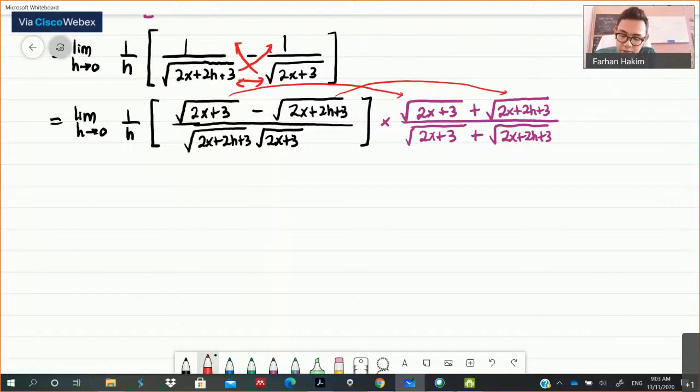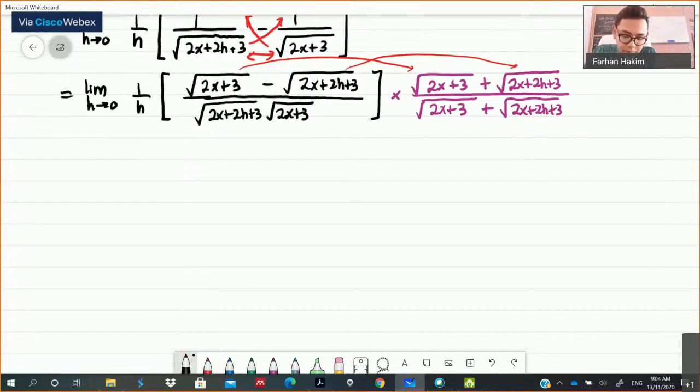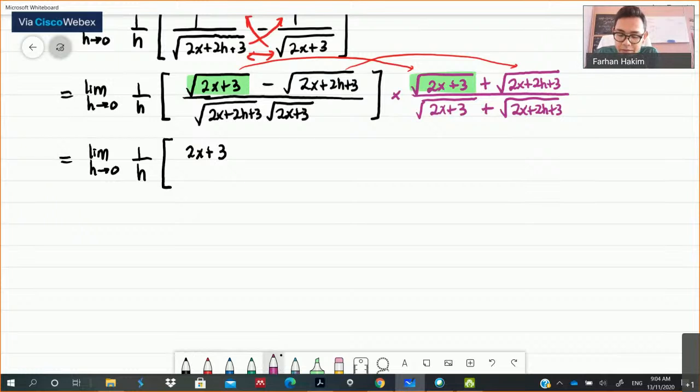So I'm trying to solve this limit as h approaches 0 of 1 over h. Multiplying this with this will give me 2x plus 3, and then we have minus in the middle. Next we multiply this with this, which will give me 2x plus 2h plus 3. Please put it in the bracket.